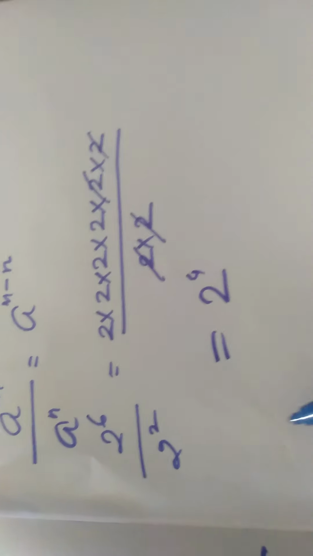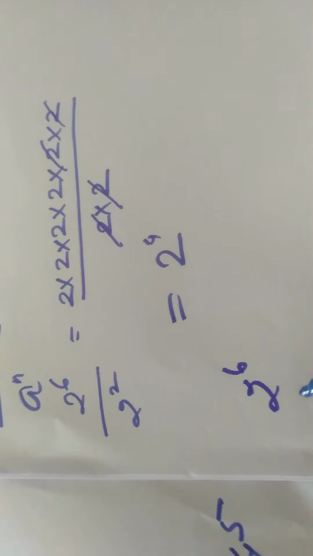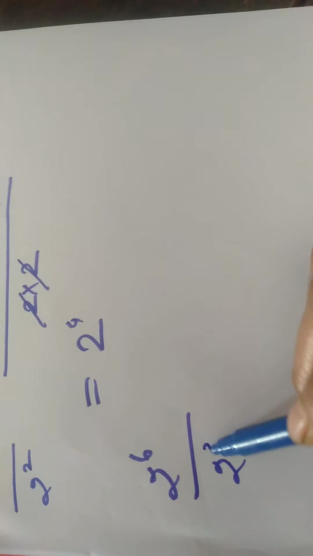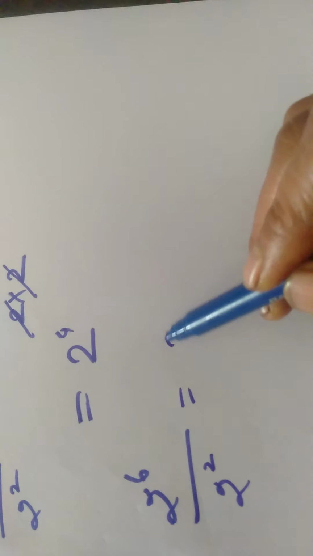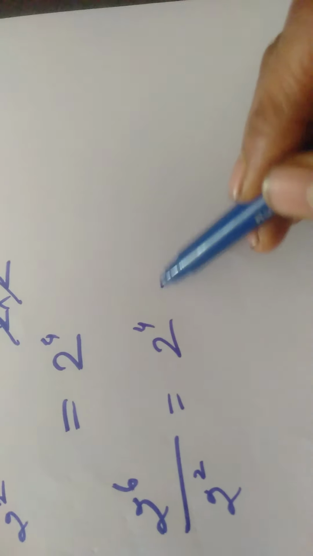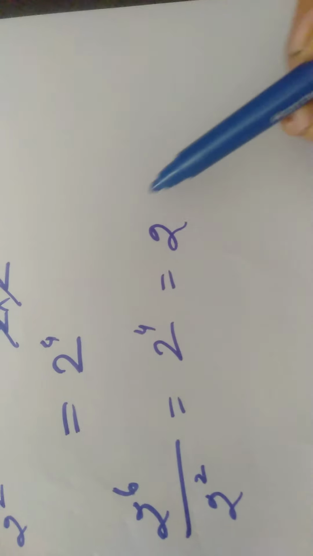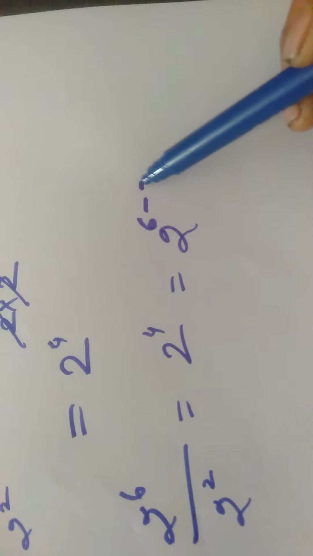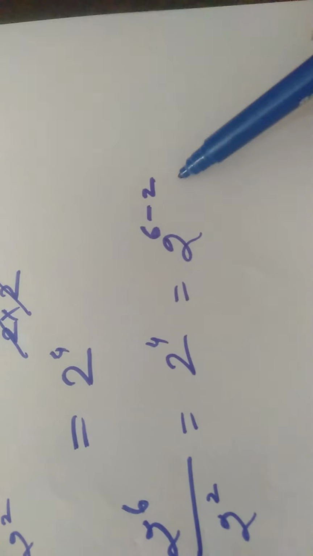So 2 to the power 6 upon 2 to the power 2 is 2 to the power 4, and we get it as 2 to the power 6 minus 2, 6 minus 2 is 4.